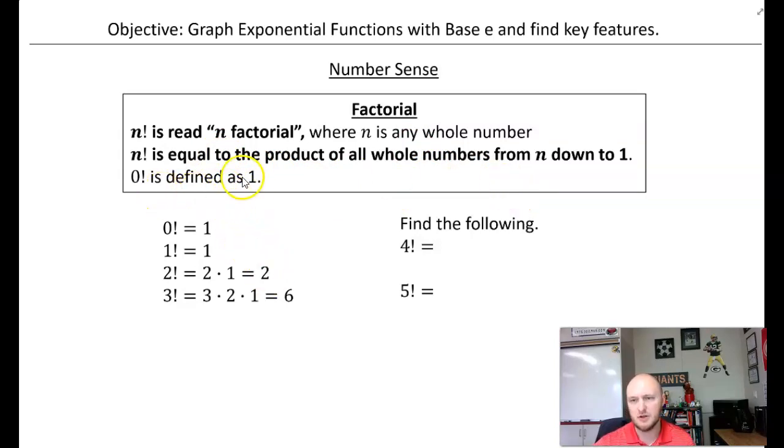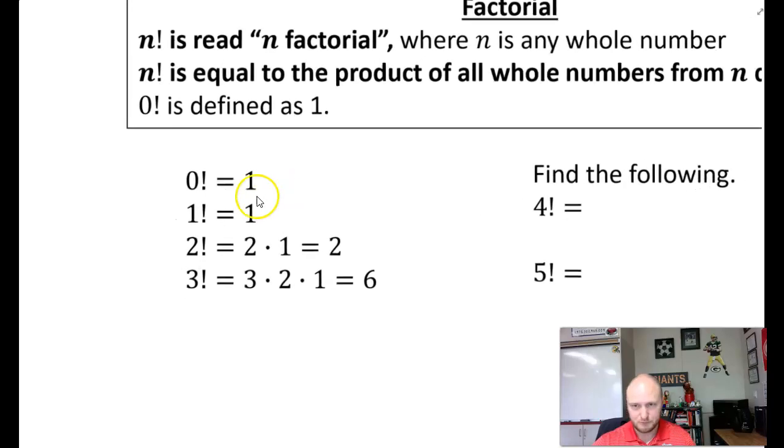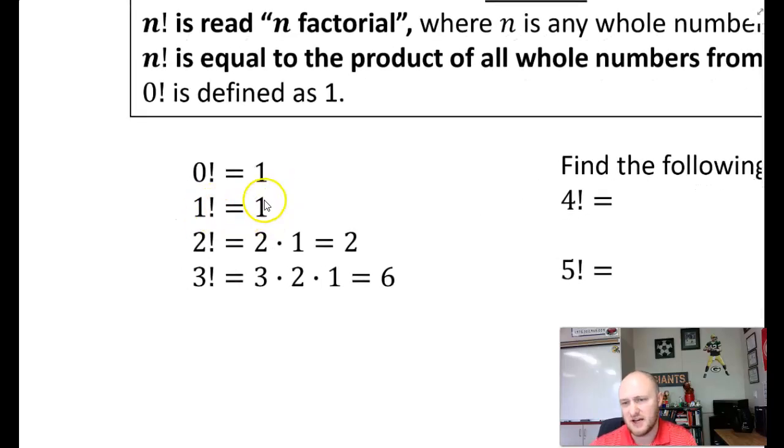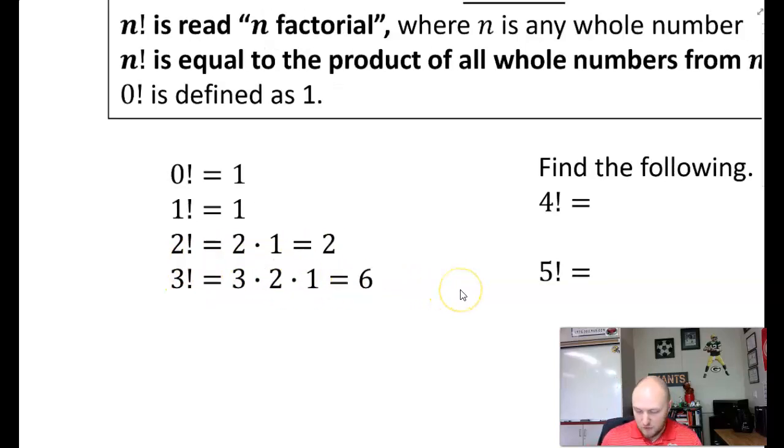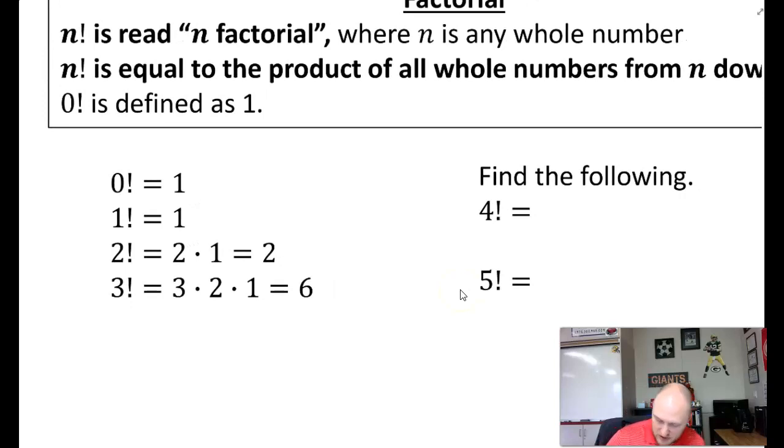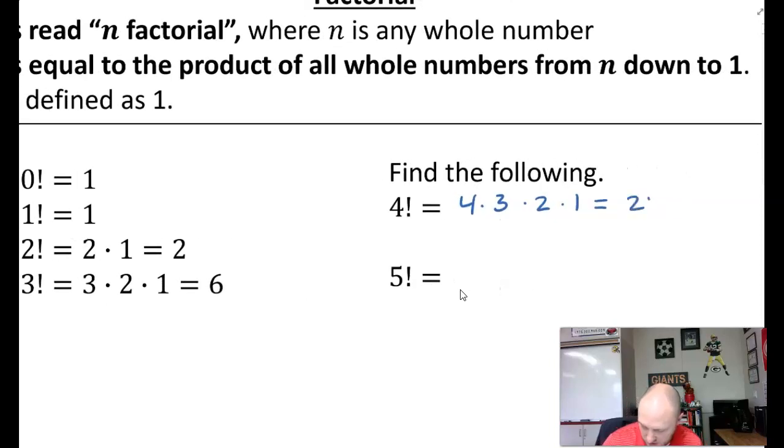So 0 factorial is defined as 1. 1 factorial is equal to 1. 2 factorial is 2 times 1, which is 2. 3 factorial is 3 times 2 times 1, which gives us 6. 4 factorial would be 4 times 3 times 2 times 1, which gives us 24. And 5 factorial would be 5 times 4 times 3 times 2 times 1.